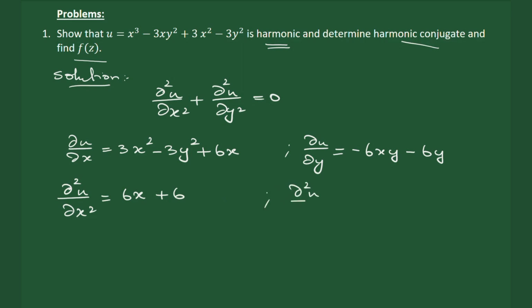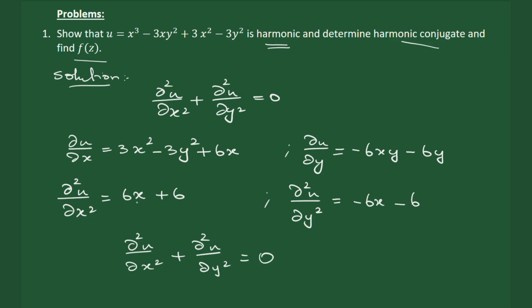Similarly, dou square u by dou y square, differentiating with respect to y, is minus 6x, and similarly minus 6. If we add both, dou square u by dou x square plus dou square u by dou y square will be equal to 0, because 6x and minus 6x cancel, and plus 6 and minus 6 cancel. This implies that u is a harmonic function. So the first part has been proved.